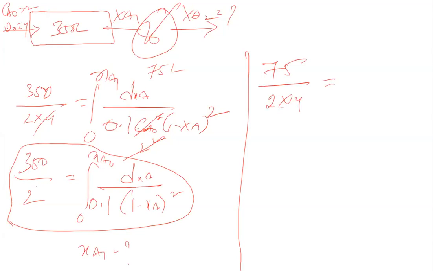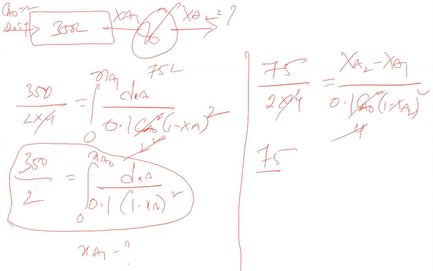which is equal to XA2 minus XA1 divided by 0.1 into CA naught square into 1 minus XA2 whole square. What is CA naught square? It is 4, so 4 will cancel. 75 by 2 is equal to XA2 minus XA1 divided by 0.1 into 1 minus XA2 whole square.